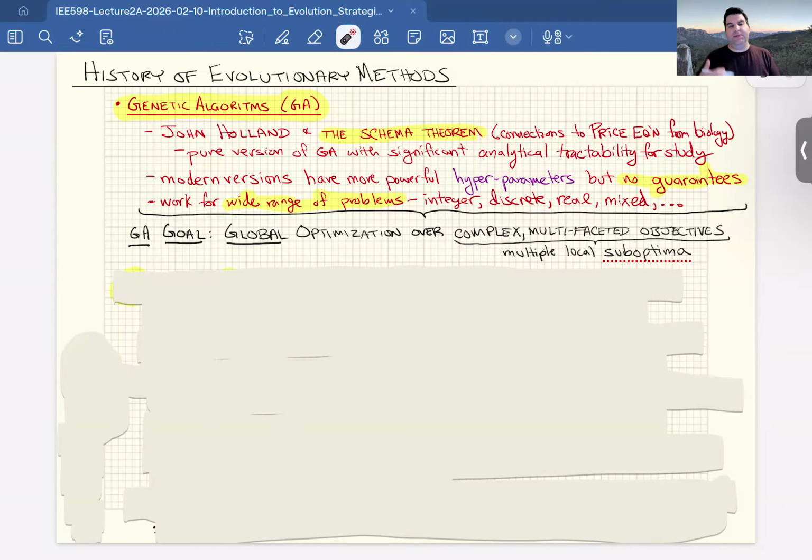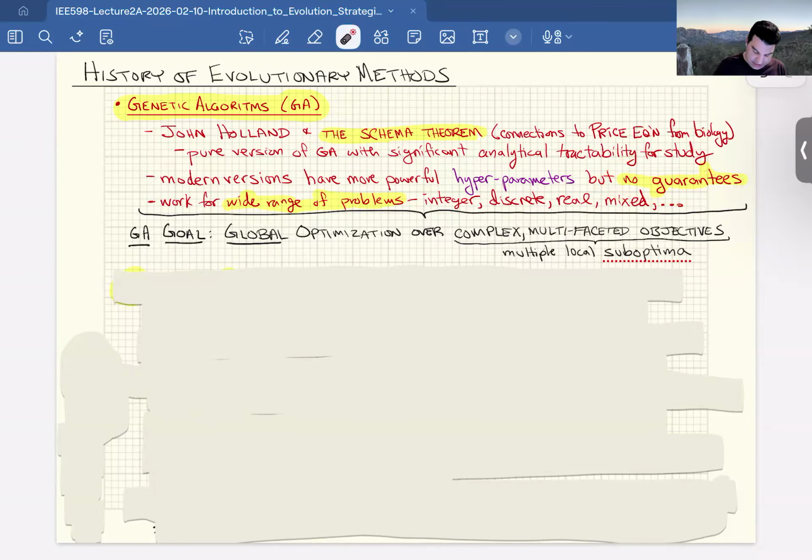But as people played with the GA, we got the more modern versions, like the ones that we've now presented in the past unit, and they have much more powerful hyperparameters, but they basically wrecked the analytical tractability. So with a modern GA, we know empirically they work very well, especially for certain types of problems, but we can't guarantee that they're always going to find a global solution or anything like that. So we don't really have the same mathematical guarantees, but we get much better performance.